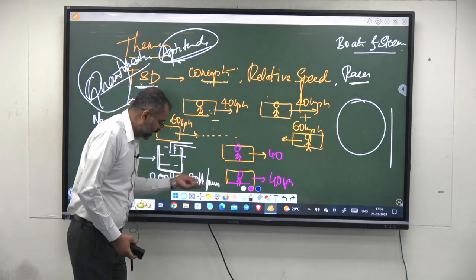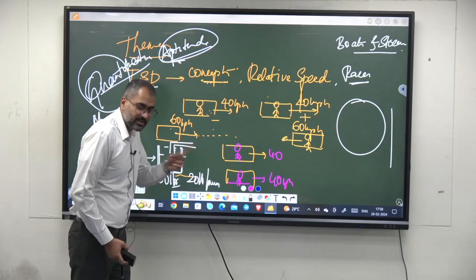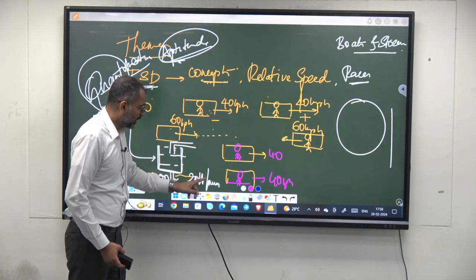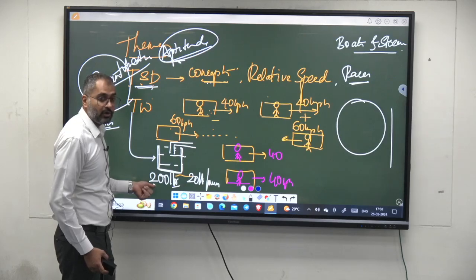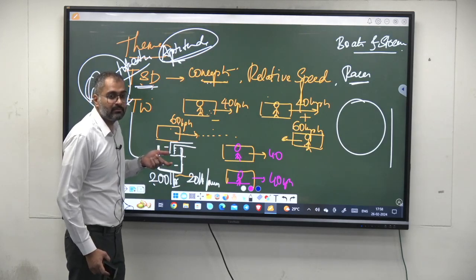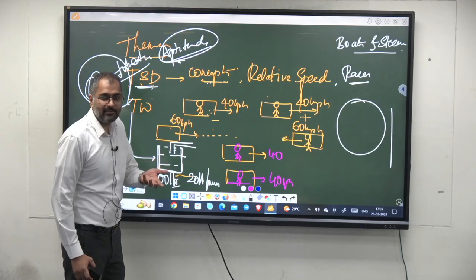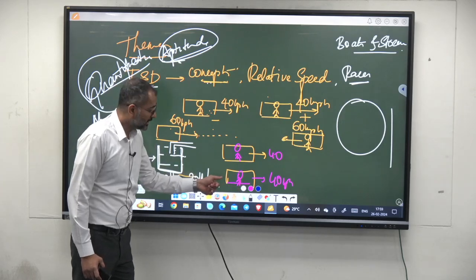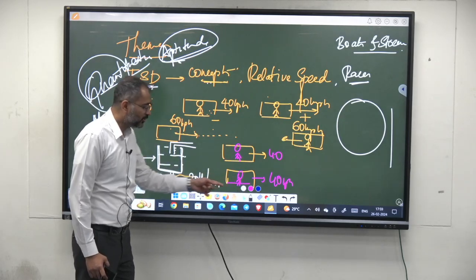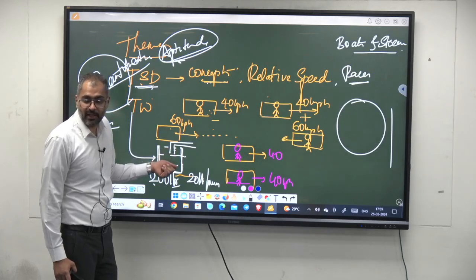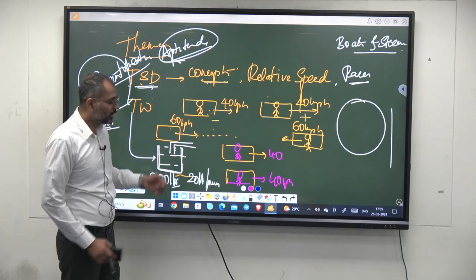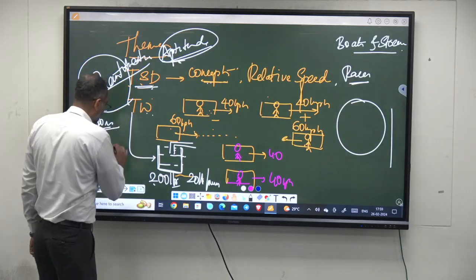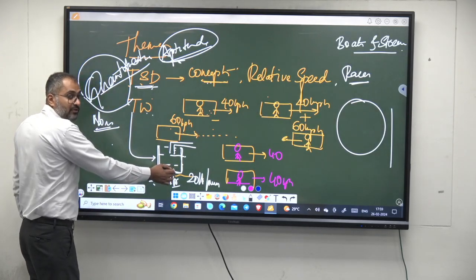Its speed or efficiency is 20 liters in 1 minute. If it is 20 liters in 1 minute, to fill 200 liters, what is the time taken? Isn't it 10 minutes? Understood? The concept remains the same. The theory behind this is the same, but numerically or example-wise I can ask in a different way. So, time and work can be asked as pipes and cisterns also.